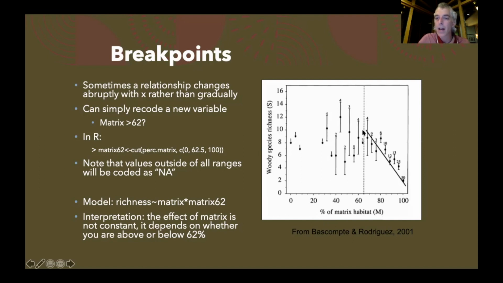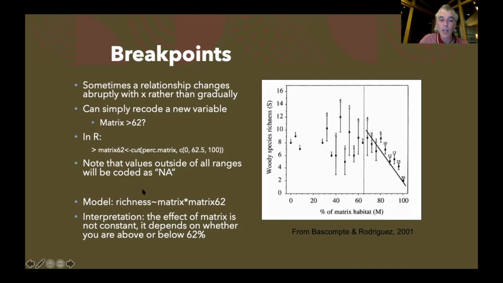And the way we can do that in R is to use this nifty cut command, which creates a new variable, let's say called matrix62, that takes our original x variable here and cuts it into categories that are either between 0 and 62.5 or between 62.5 and 100. So now we've created a new factor that says, is this predictor variable below 62 or above 62?